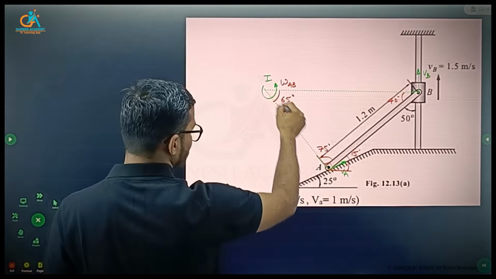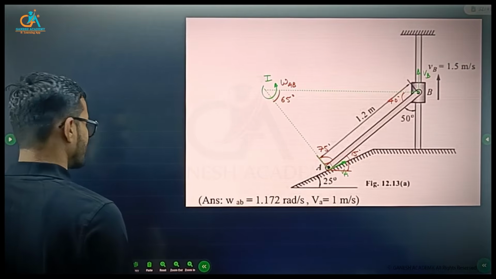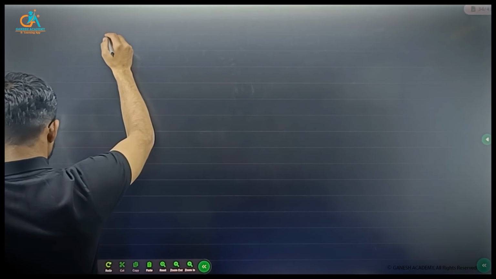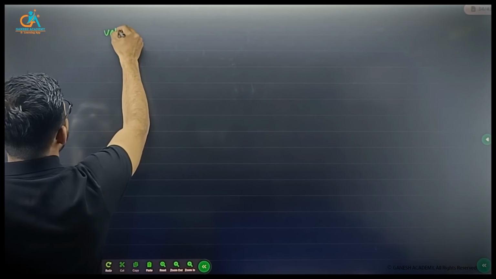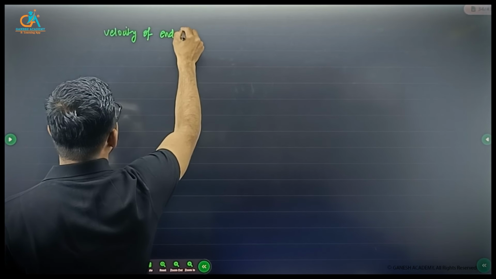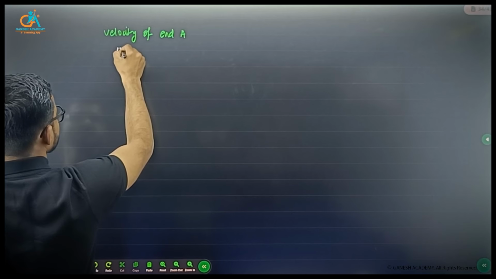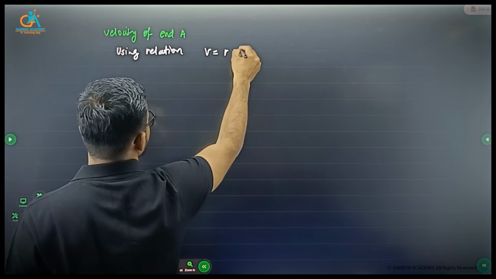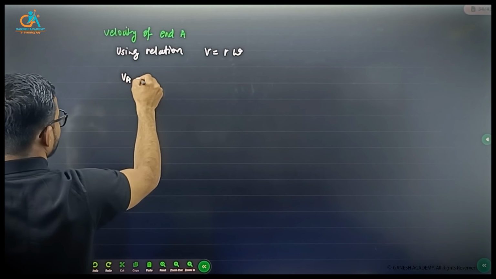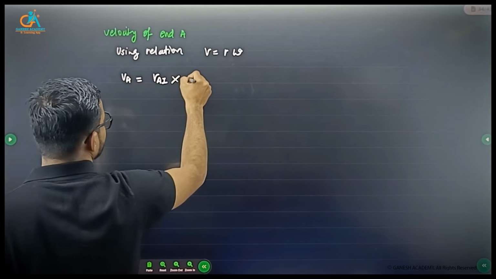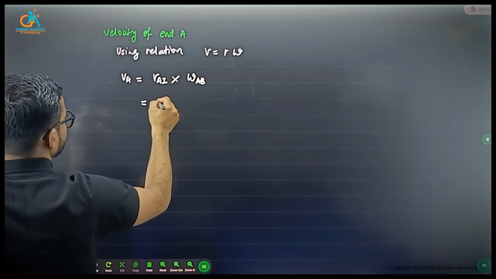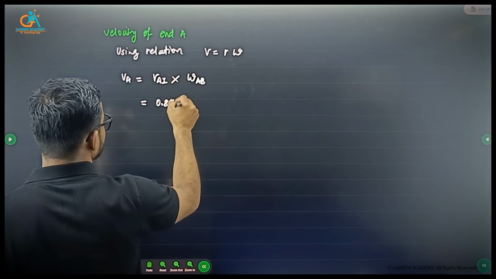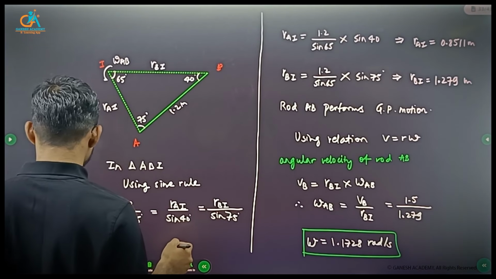We know omega AB, so we can use that relation to find the velocity of end A. So the velocity of end A is equal to RAI into omega AB. RAI is 0.8511 and omega is 1.1728.